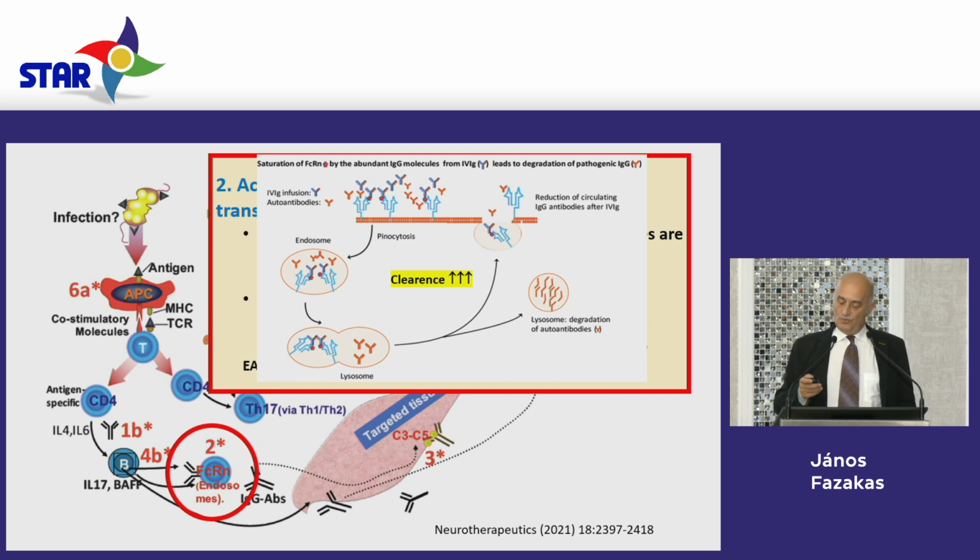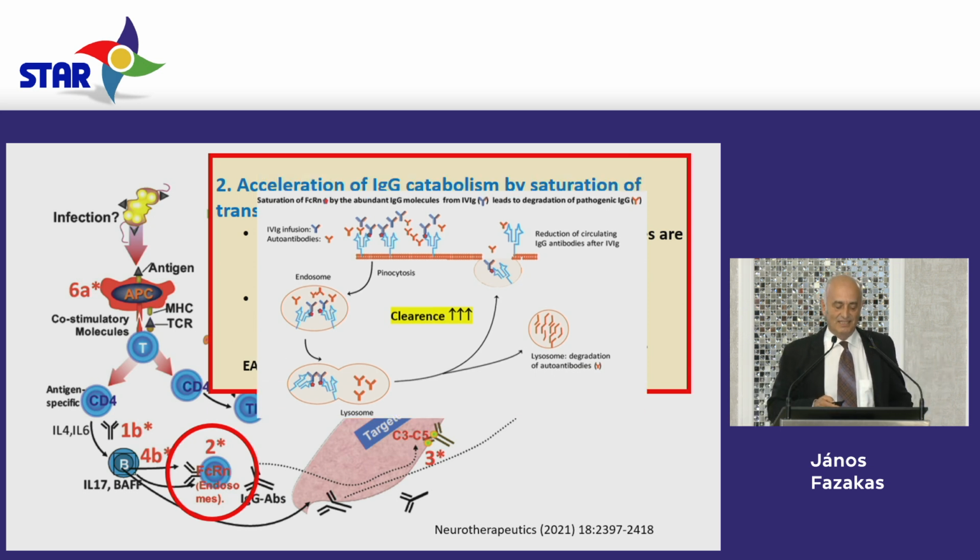And if you use IgG treatment, then the normal IgG will use these receptors, and the pathological autoantibodies will be lysed by the cells.